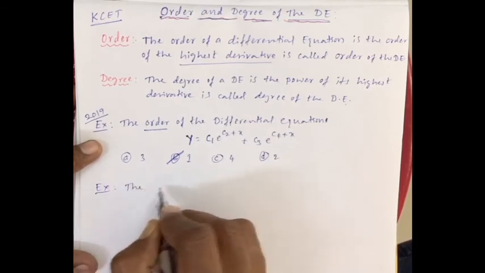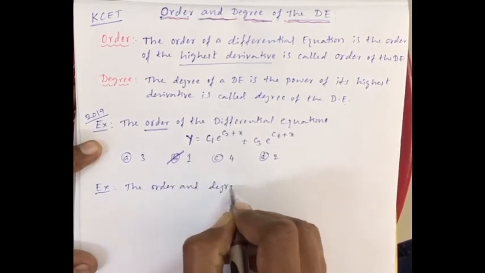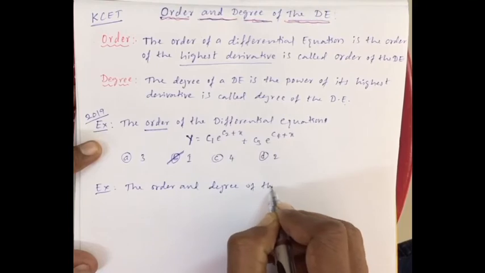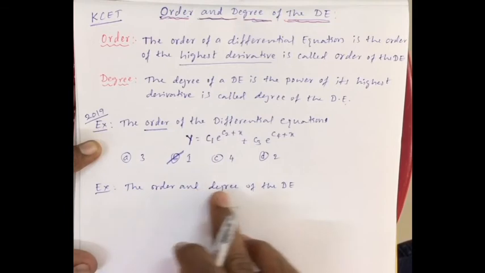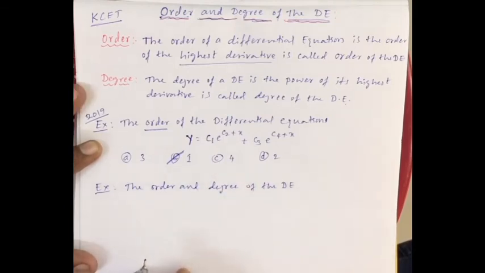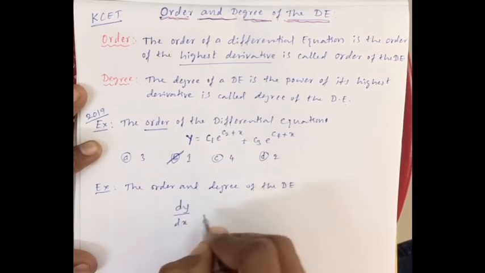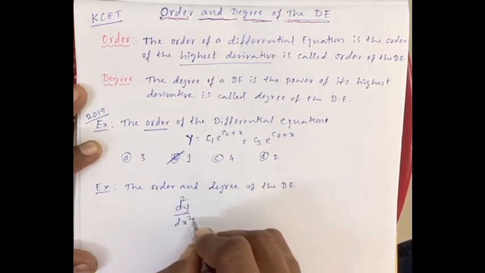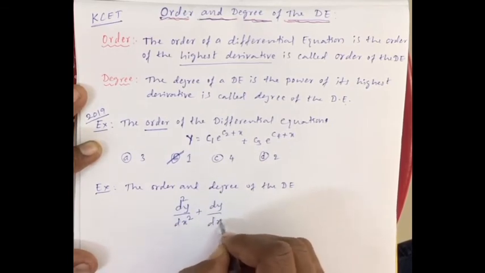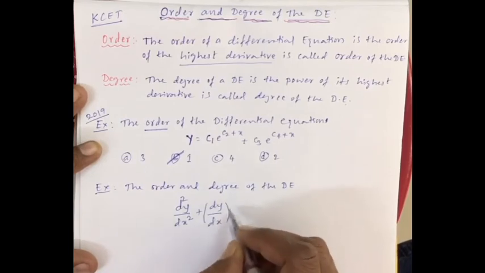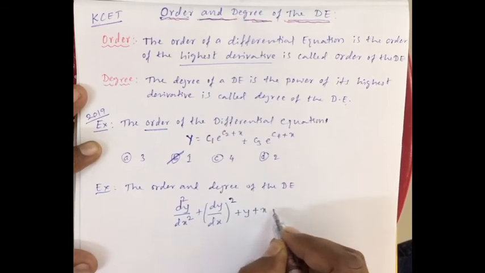Find the order and degree of the differential equation. Now I will write the differential equation here: d square y by dx square plus dy by dx, the whole square, plus y plus x equal to 0.